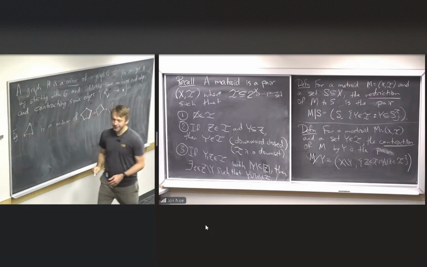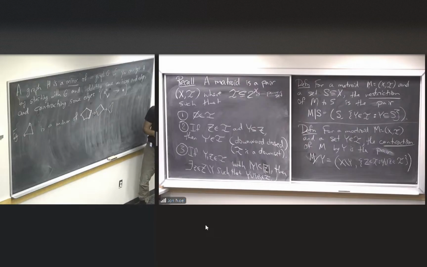You might have seen this before, but I know that you haven't. This is a very simple idea in graphs: you're just deleting edges and pulling edges together to make a new graph. It is a very valuable concept in structural graph theory.